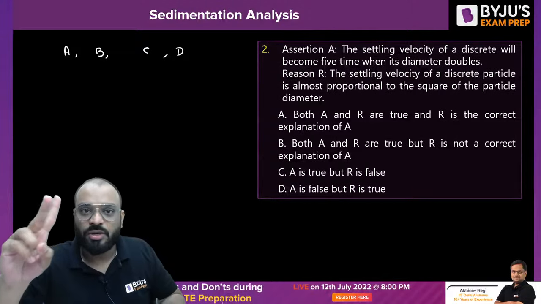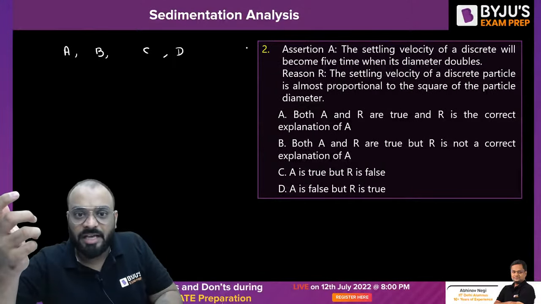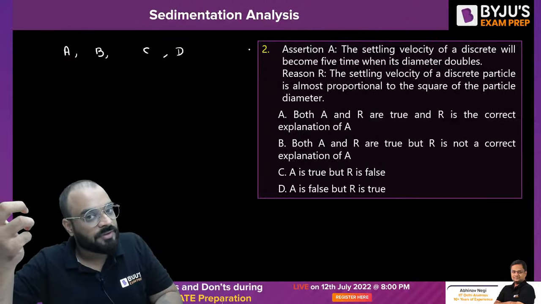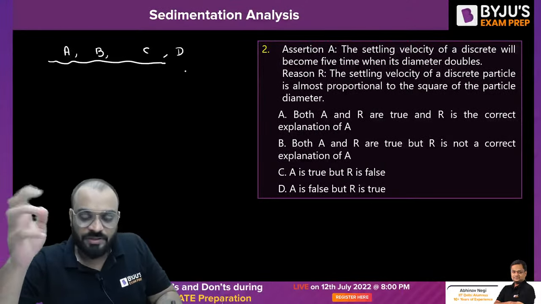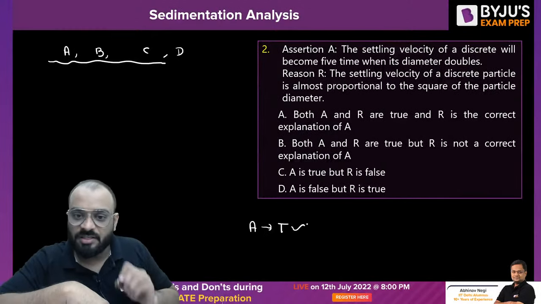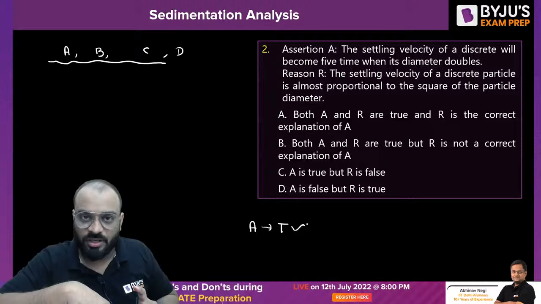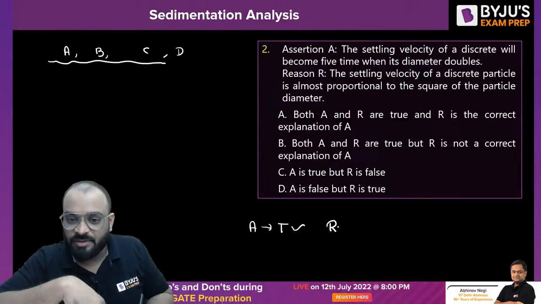Now guys, there are 2 conditions which we need to check first. The assertion part can be true or can be false. The reason part can be true or can be false. Let us suppose the assertion is true, and at the same time the reason is false, the reason is wrong.